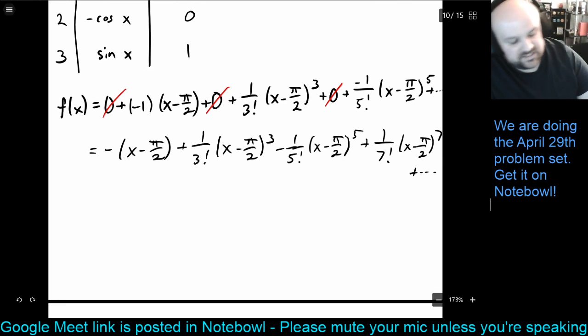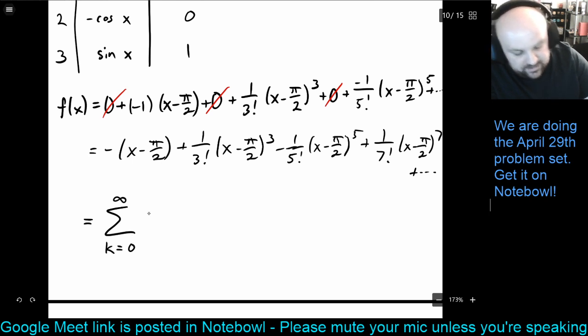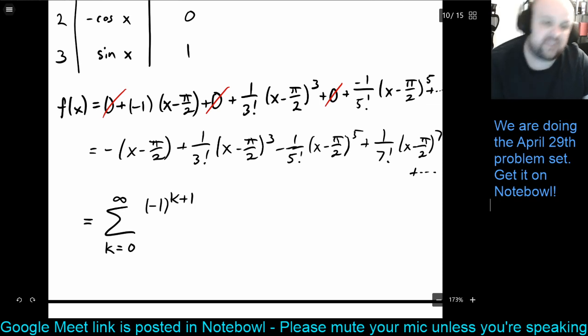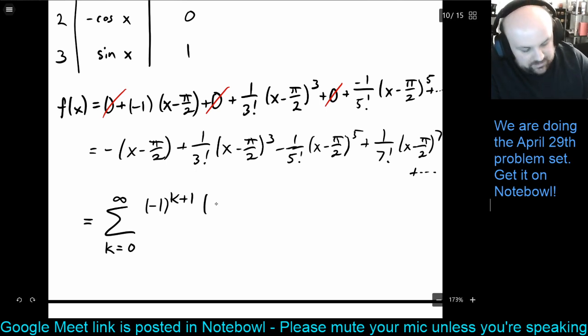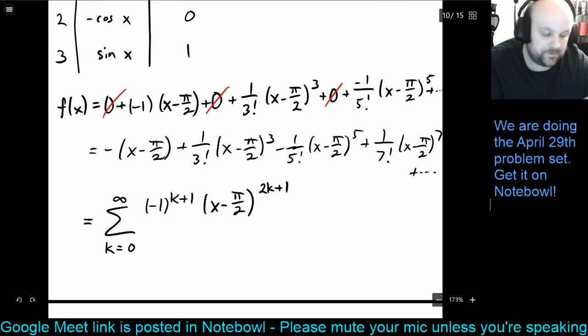So if you follow this pattern, you're going to see that we end up with a series from k equals 0 to infinity of minus 1 to the k plus 1, because we start with a negative term this time, right? And then we have x minus pi over 2 to the 2k plus 1, because the powers go 1, 3, 5, 7, 9, and so on.